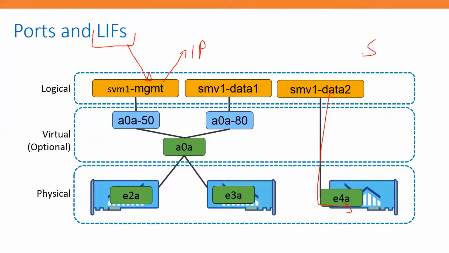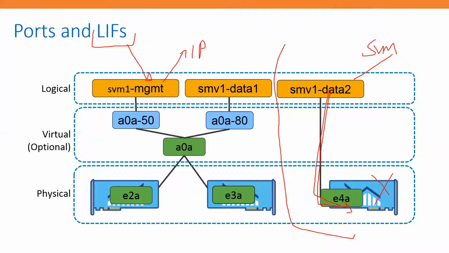So when an SVM, which is attached to this LIF, gets a client connection, it is the cluster which resolves this to the physical port and the IP and takes you there. In this example, guys, if this physical port was down, the clients won't be able to get to the data.